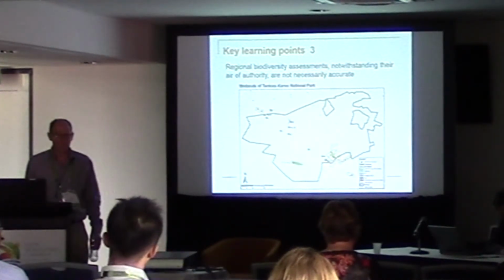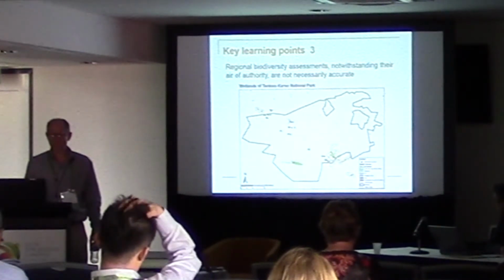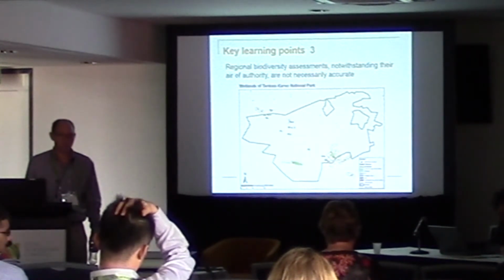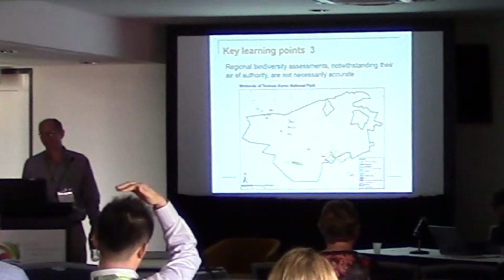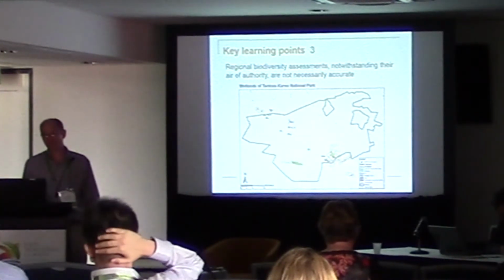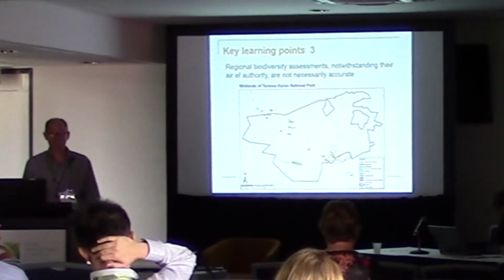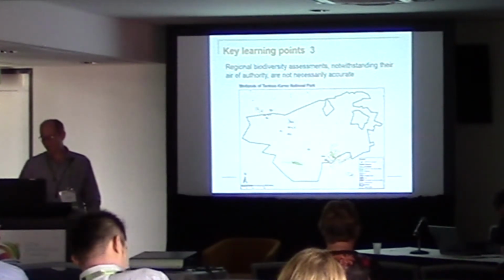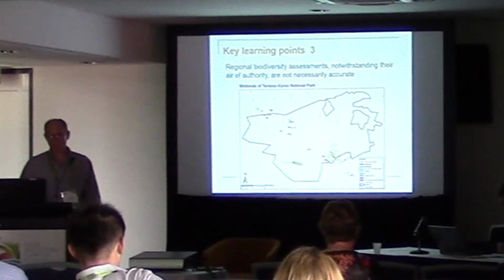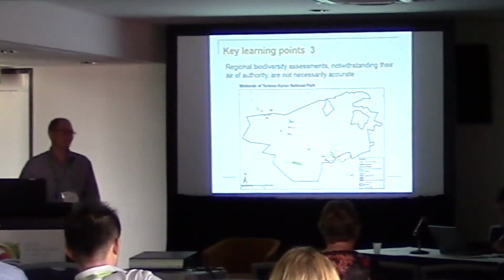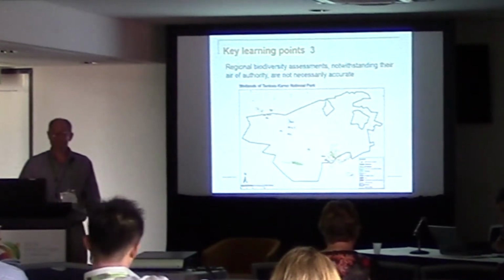The third one is, notwithstanding this air of authority, these products are not always accurate. We found the products to be very accurate for rivers, because rivers have had some traction over a number of years. For wetlands, less so. You see there at the bottom right of the map a cluster of wetlands.